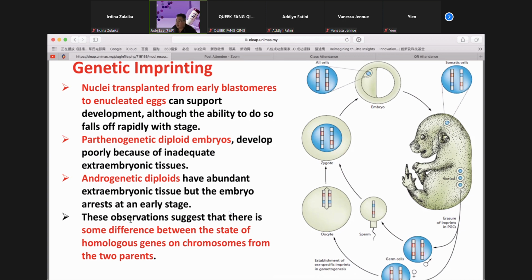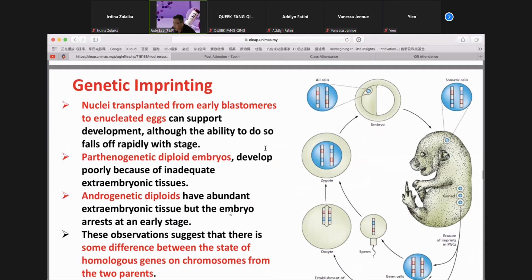So this observation suggests that there are some differences between the state of the homologous genes on the chromosomes from the two parents. In genetic imprinting, if you look at normal genes, they are biallelically expressed. That means one copy from the mother, one copy from the father, right? In a normal situation.